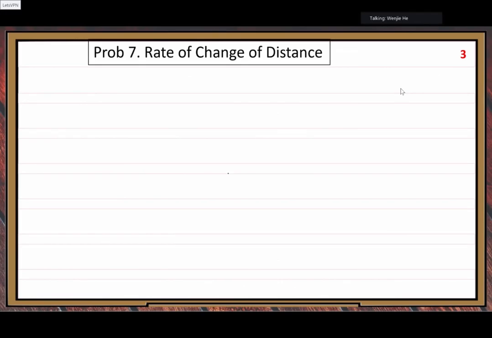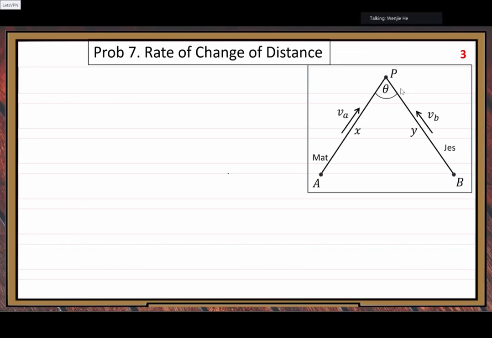Rate of change of distance. Let's do one application question. Let's look at this diagram here. 2 persons climb the mountain. This is a mountain-shaped diagram.